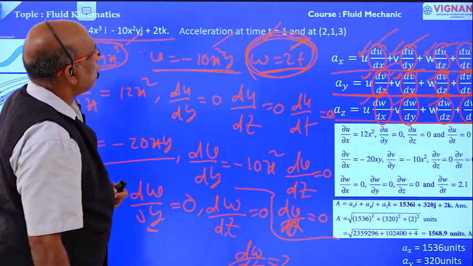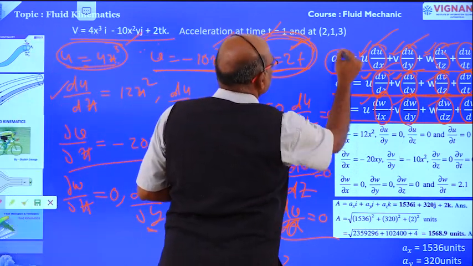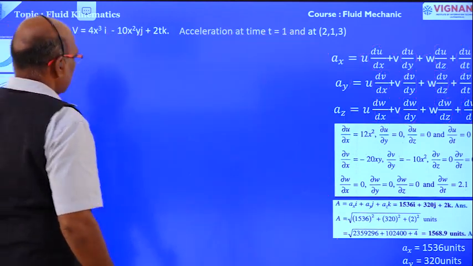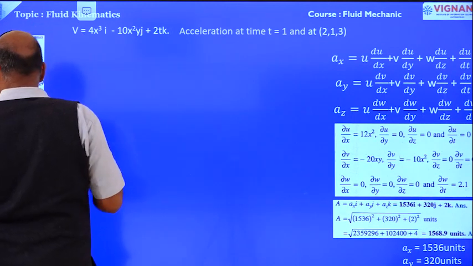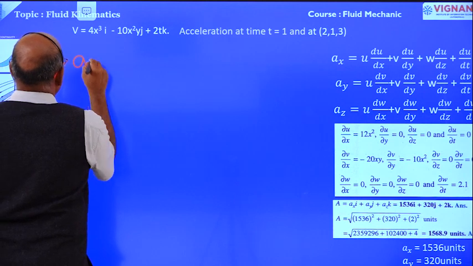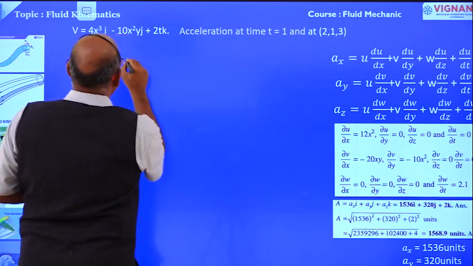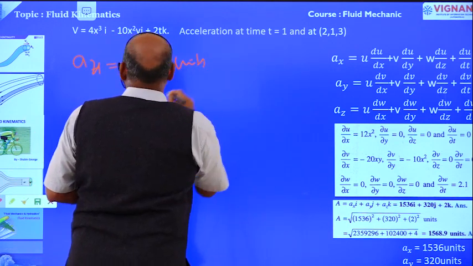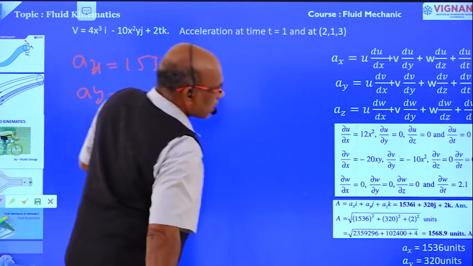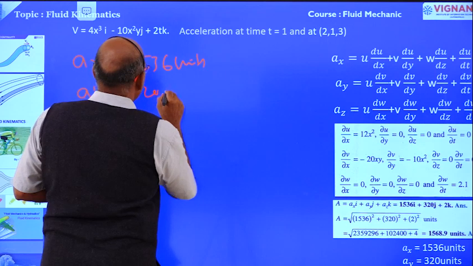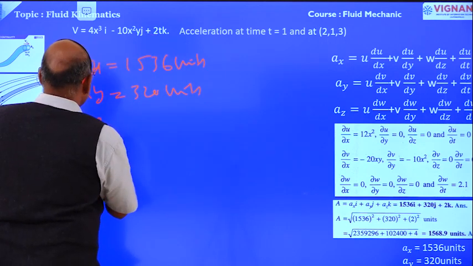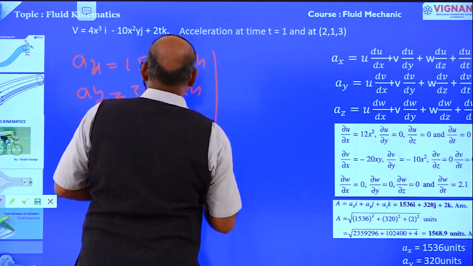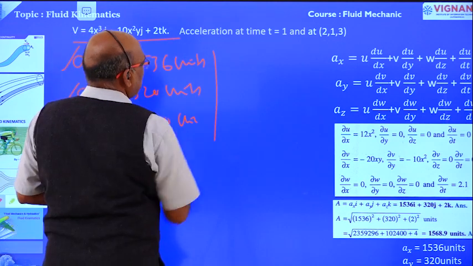Finally, we have the values of ax and ay and az, that are ax is equal to 1536 units, and ay is equal to 320 units, and az is equal to 2 units, right? These are the values we have determined based on the given velocity profile, right?